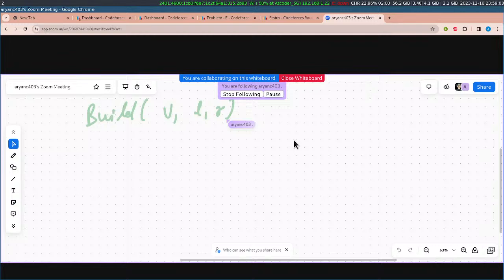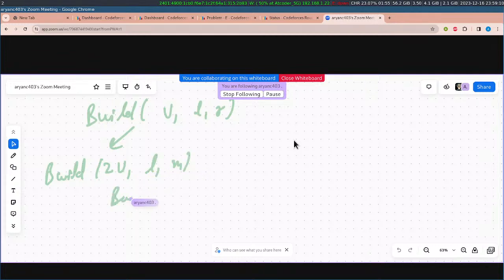Build v comma l comma r calls build 2v comma l comma m and build 2v plus 1 comma m plus 1 comma r.